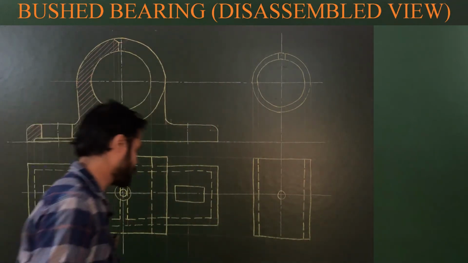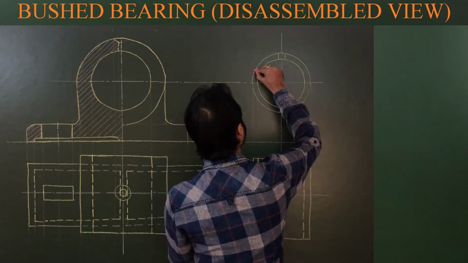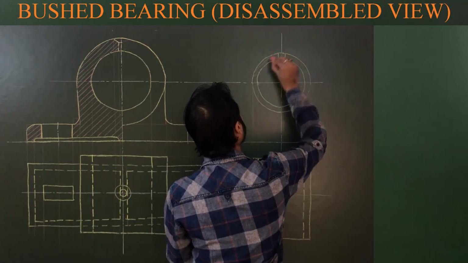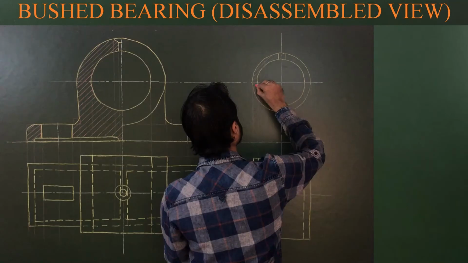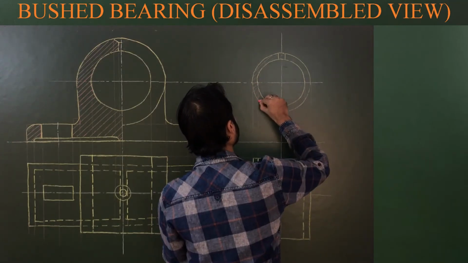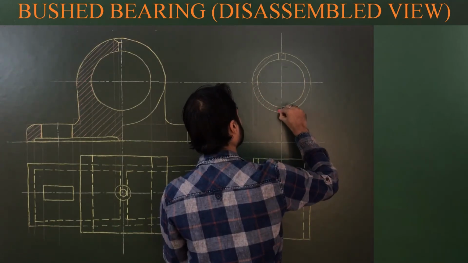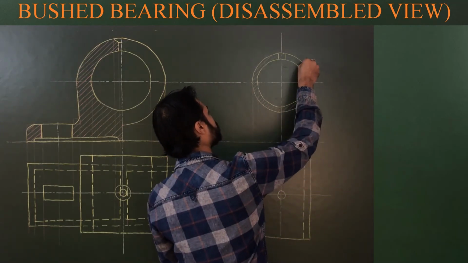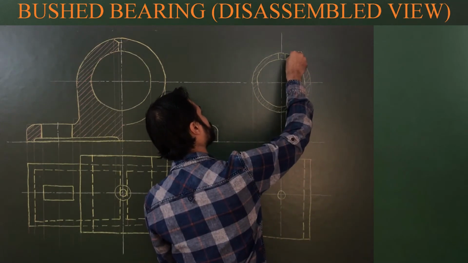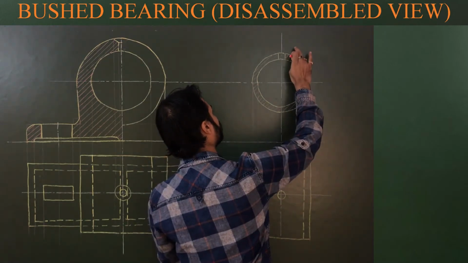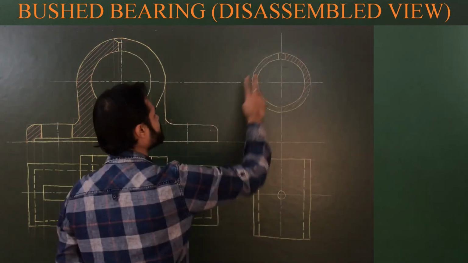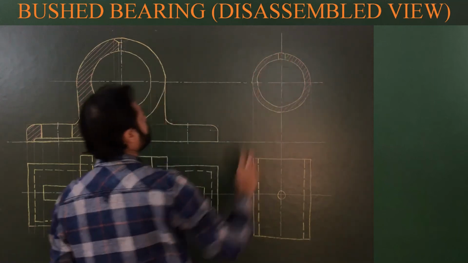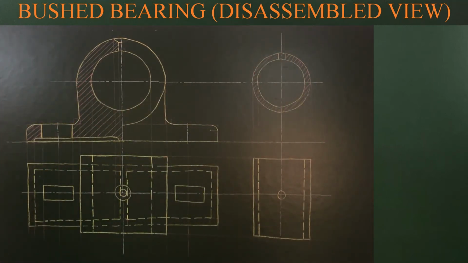And last, full in section means we have to hatch both the parts, left side and right side. And don't hatch this part because this is related to the oil hole.